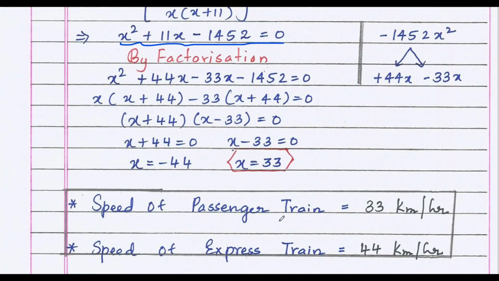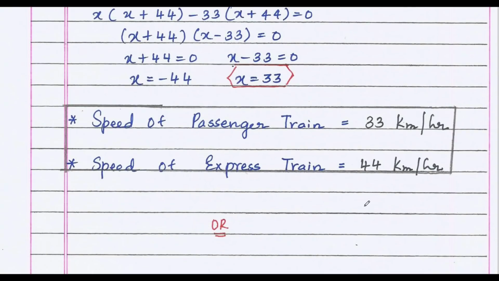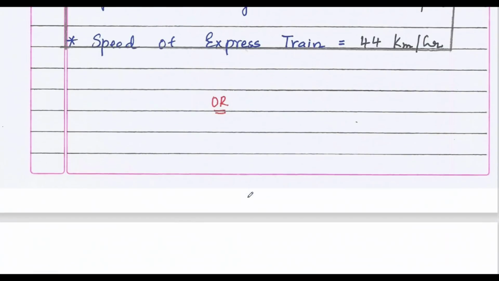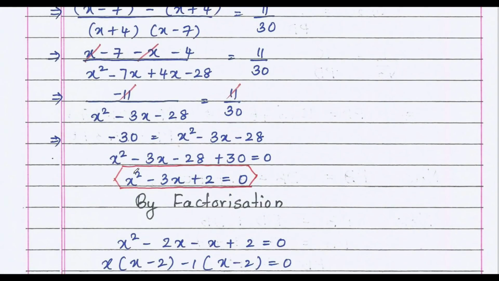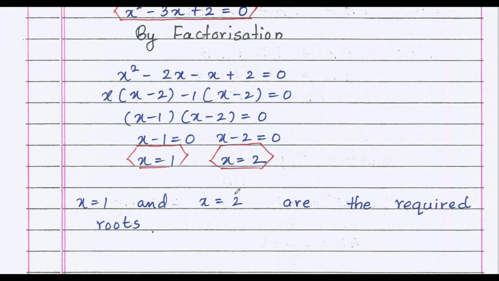Now speed of passenger train is 33 km per hour, speed of express train is 44 km per hour. Take the LCM or butterfly method, and simplifying we get the quadratic equation x square minus 3x plus 2 equals 0. By solving this we get x equals 1 and x equals 2.